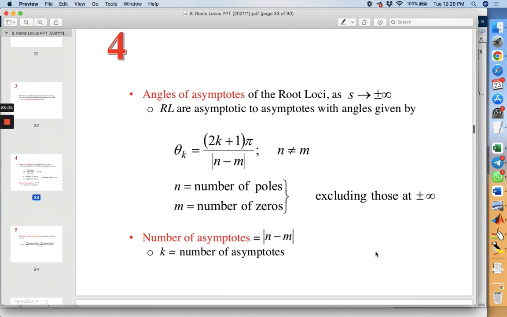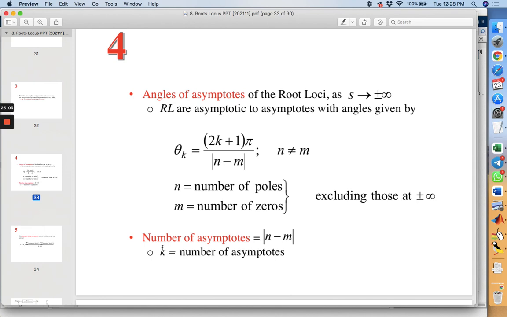Number 4, the angles of asymptotes of the root locus as s approaches infinity. The root locus is asymptotic to the asymptotes with angles given by theta_k = (2k + 1) multiplied by pi, or 180 degrees, over n - m, where n is the number of poles and m is the number of zeros.